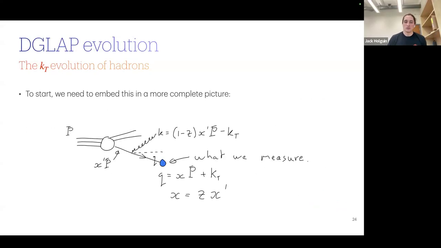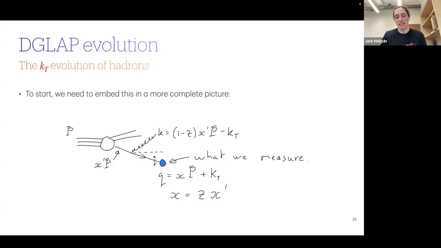Okay, so to start this, let's make a more complete picture and really specify what it is we're observing from a proton when we do a collision. We have a proton coming in, and from that proton, a quark with momentum x prime times the initial proton momentum could be pulled out, x prime being its momentum fraction that I said before.